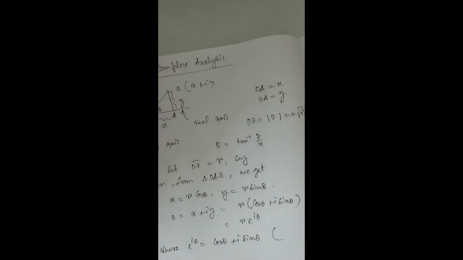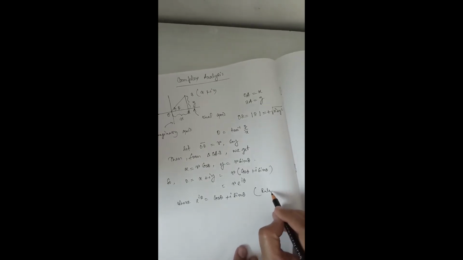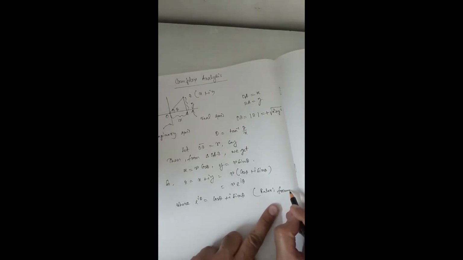This is called Euler's formula, and we will discuss later why e to the power i theta is cos theta plus i sin theta. So these are the facts.